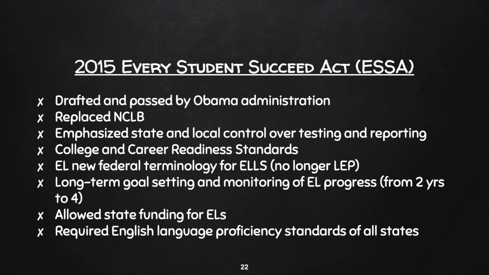With the Every Student Succeeds Act, it started to emphasize state and local control over testing and reporting. So it completely took out the federal government's involvement in state and local decisions and started giving these rights back to the state. However, Texas, still being a very heavy testing state, still kept some of those policies and ideas about testing and reporting.